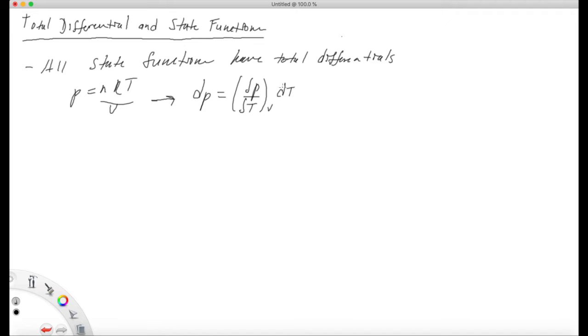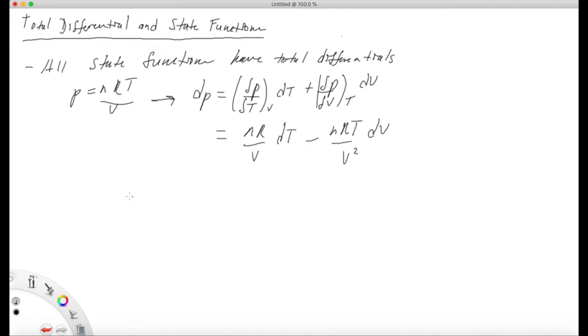Okay, and we can write this because we have the general expression for the total differential is dz. So some function z, we're taking the total differential of it. If it has a total differential, we have dz equals some function M that's a function of x and y dx plus another function N that's a function of x and y dy. Okay, but the functions M and N are defined themselves.